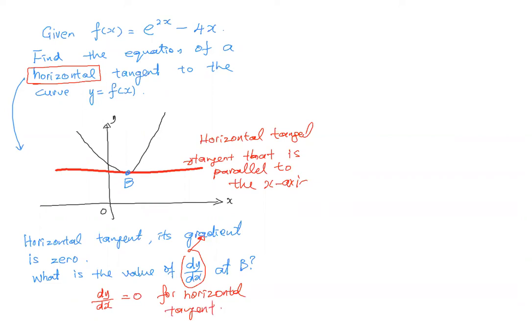So can I find the coordinate of point B now? Can you find the coordinate of point B? So how to find the coordinate of point B? You tell me.